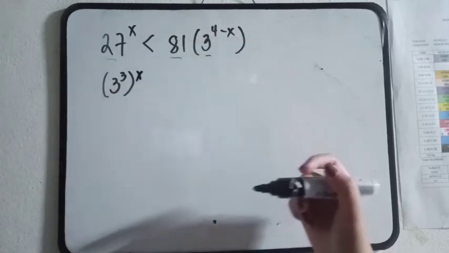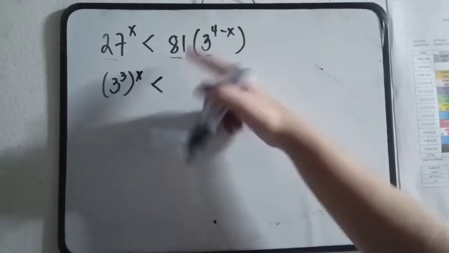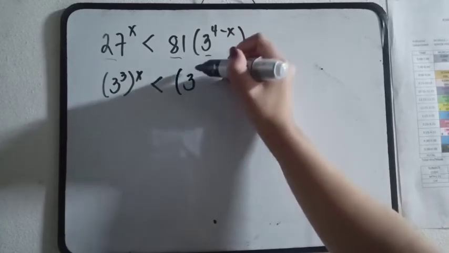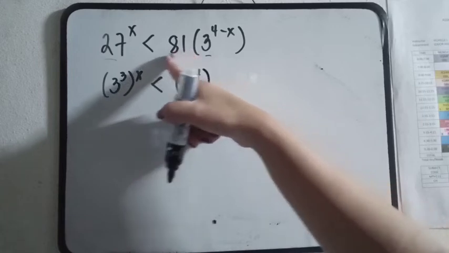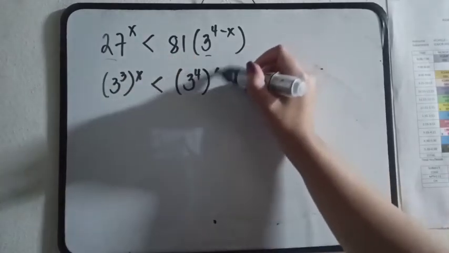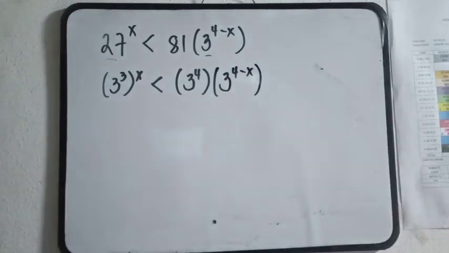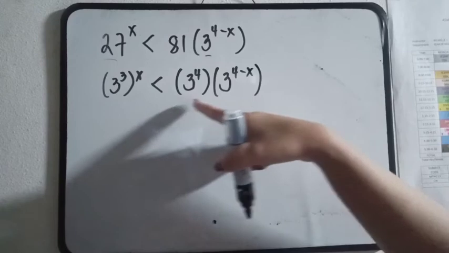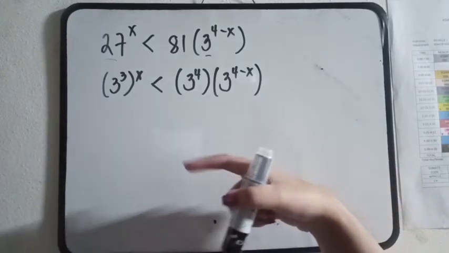Then, raise natin sa x is less than, so si 81, pwede natin yan i-rewrite as 3 raised to 4. Equal lang yan kay 81. Okay, so next, multiply kay 3 raised to 4 minus x. Okay? So, next. Since pareho na sila nung mga base, ang kukunin mo na lang yung mga exponent.